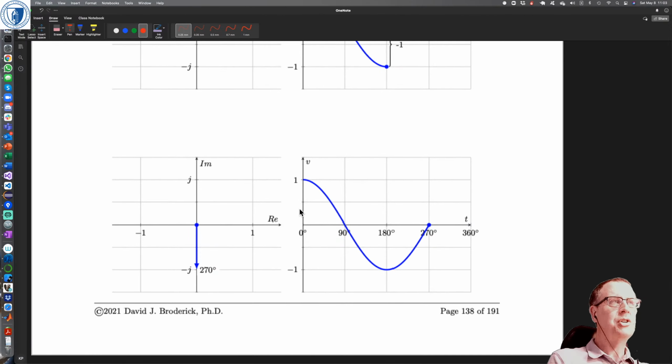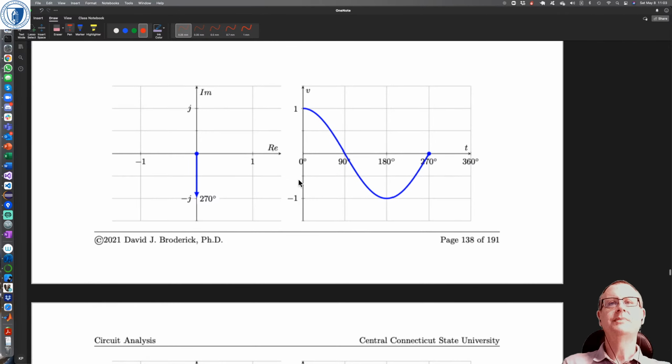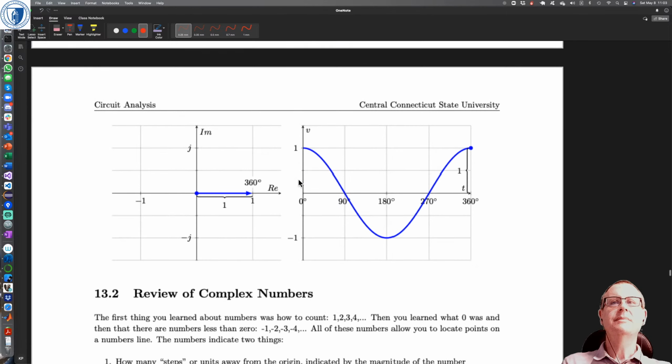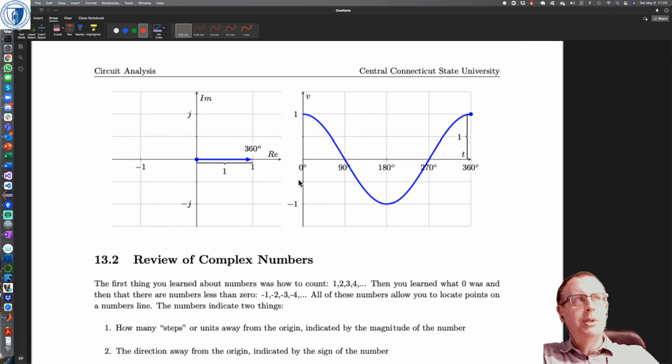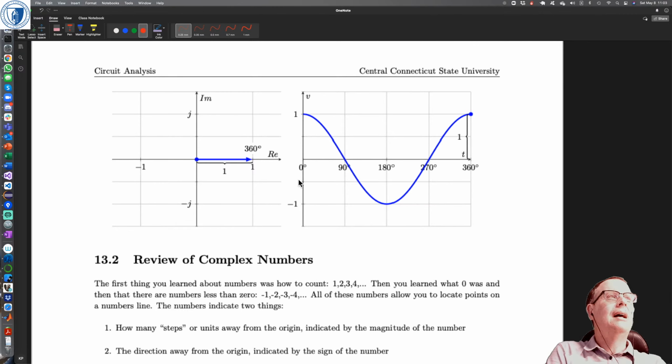Again, purely imaginary, but this time in the down direction or the negative direction. Okay, so that is effectively what we're doing. The plots on the right are showing the projection of a unit phasor onto the real axis for the given angle on the x-axis here.